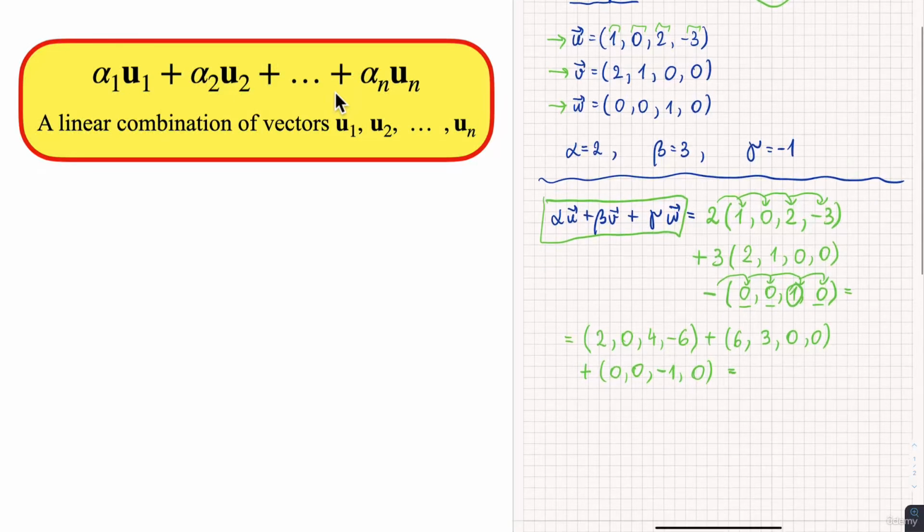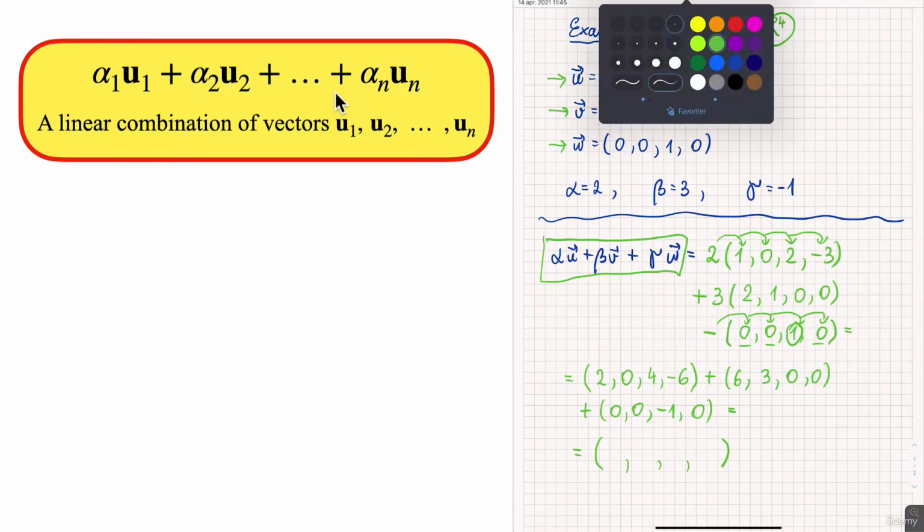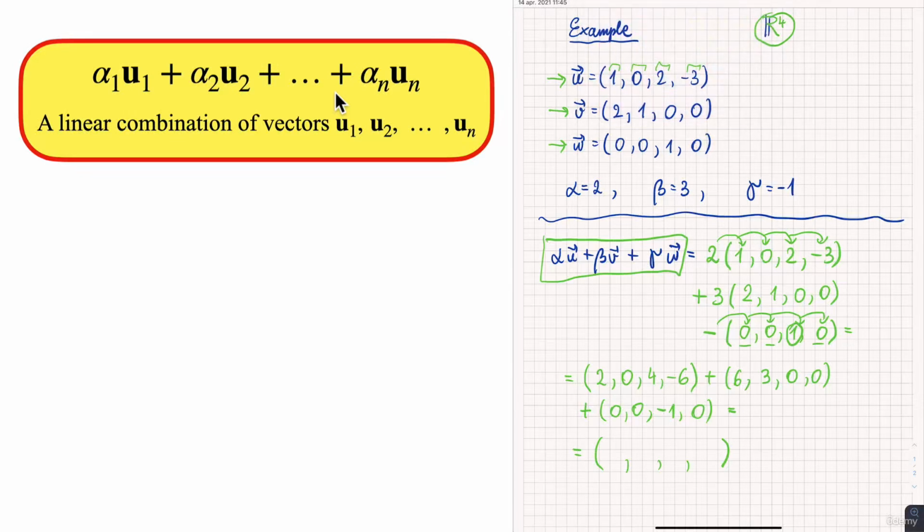addition, right? And how do you perform vector addition? Well, the sum of 3 vectors from R4 will be another vector of R4, obviously. So I have to prepare a place for 1, 2, 3, 4 coordinates. And now the first one is the sum of the first coordinates of the vectors which are to be added.